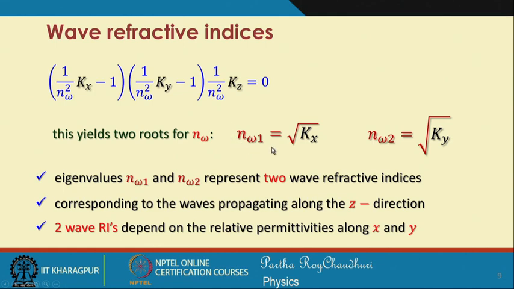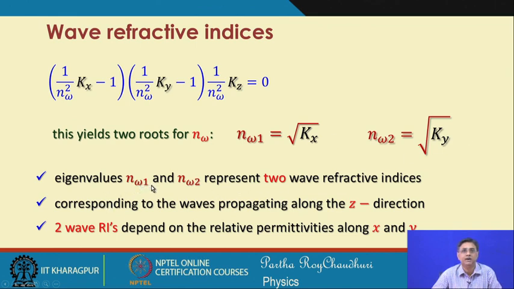The refractive indices seen by the wave are under root of k x and under root of k y. So, simply it indicates that the refractive indices are associated with the permittivity of the medium along the x direction and along the y direction, while the wave is propagating along the z direction.